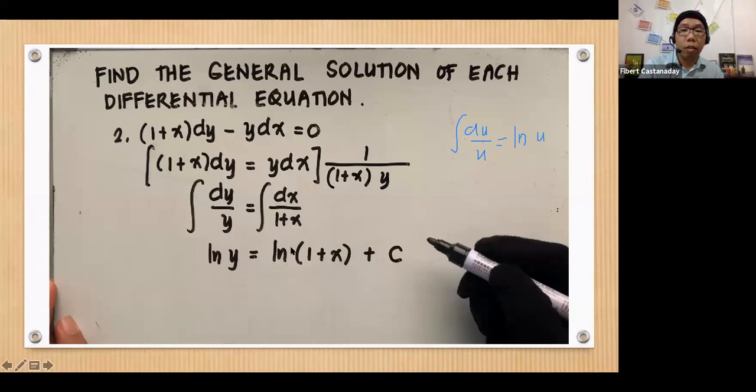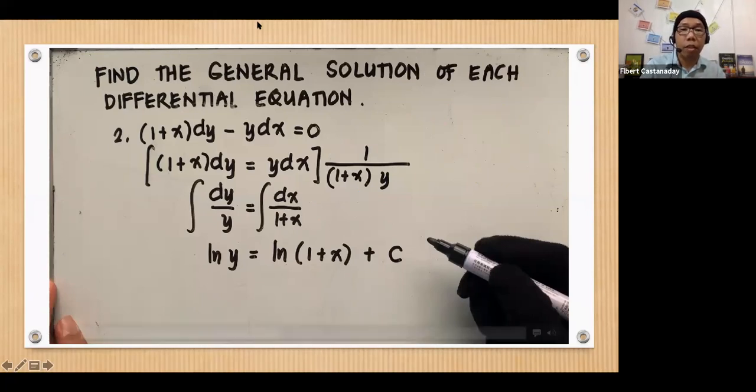So here, our u is the denominator, and this should be our du. If we differentiate 1 plus x, this is dx. So the formula, the integral of du over u, is satisfied and becomes ln of 1 plus x, plus the arbitrary constant c.